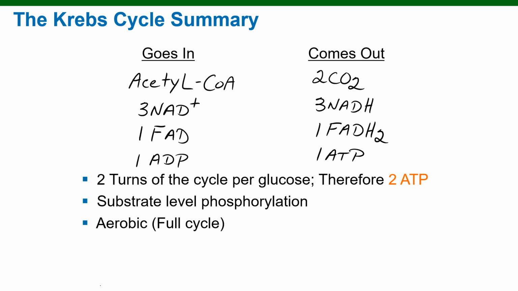And so if there are 2 pyruvates or pyruvic acids, then those go through 2 intermediate steps, and then acetyl-CoAs come out, so there'll be 2 acetyl-CoAs, and each acetyl-CoA will turn the Krebs cycle once. So the Krebs cycle will turn twice, and we would say then that the Krebs cycle generates 2 ATP from 1 molecule of glucose. And the way that that ATP is generated is through a substrate-level phosphorylation event.